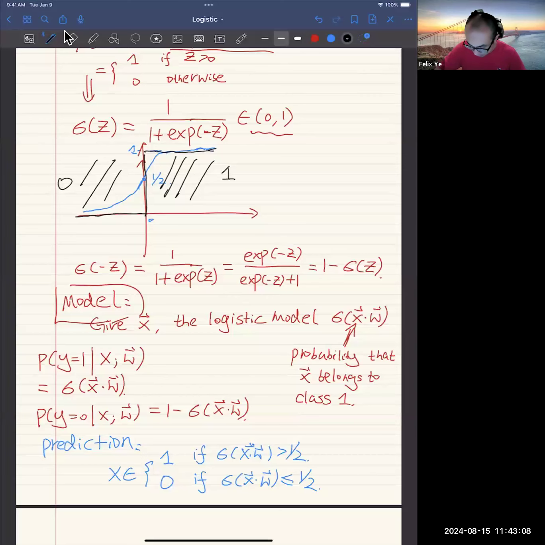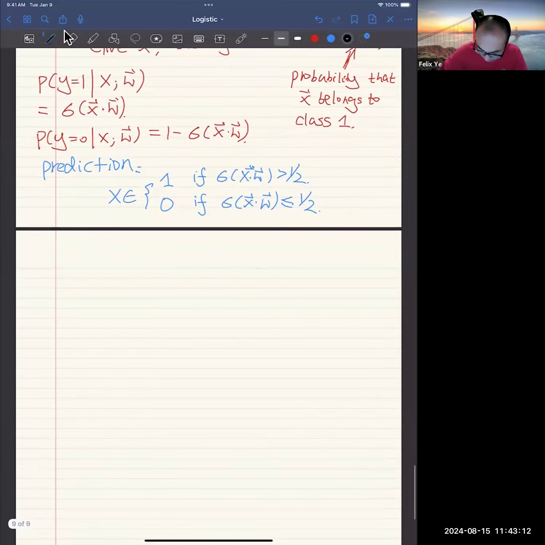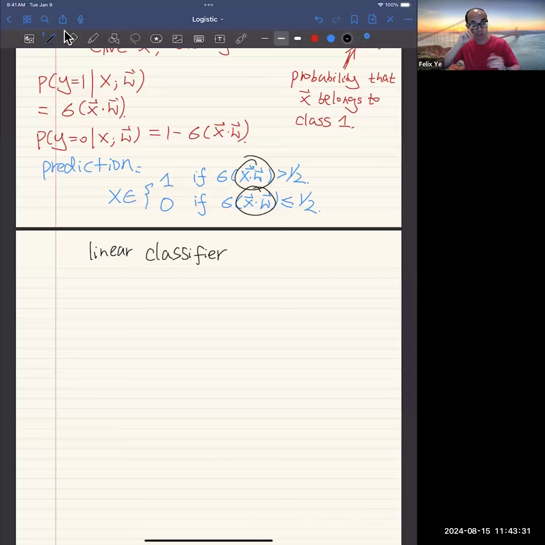So this is also a linear classifier, because we are just taking the product between x and w, which is the same idea that we had.